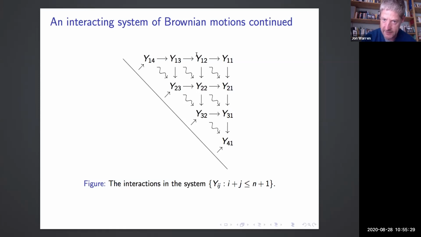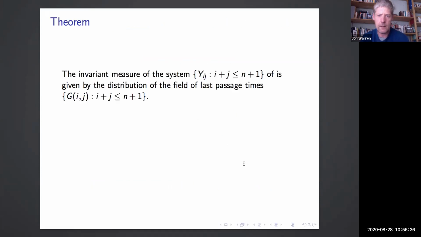G12 would be the last passage time from here through to somewhere on this line, and so on. So this theorem implies the previous theorem, which then implies the first theorem, okay? Because if this huge Y family has this invariant measure, then the top row has the invariant measure of the top row of the G's, and that was the statement of the previous theorem.